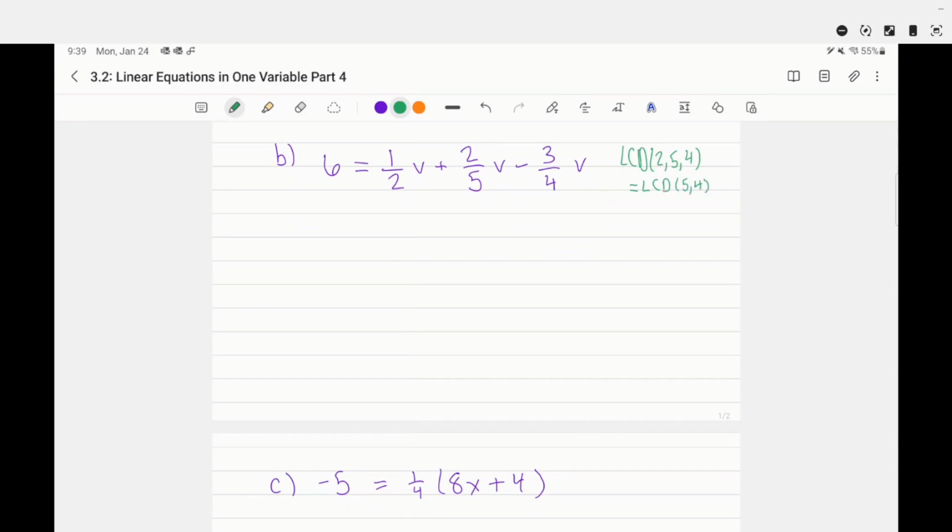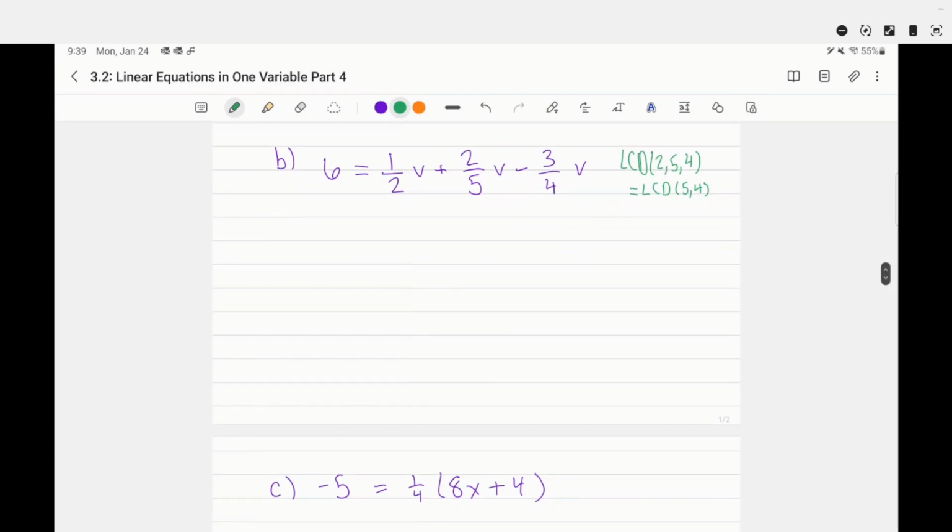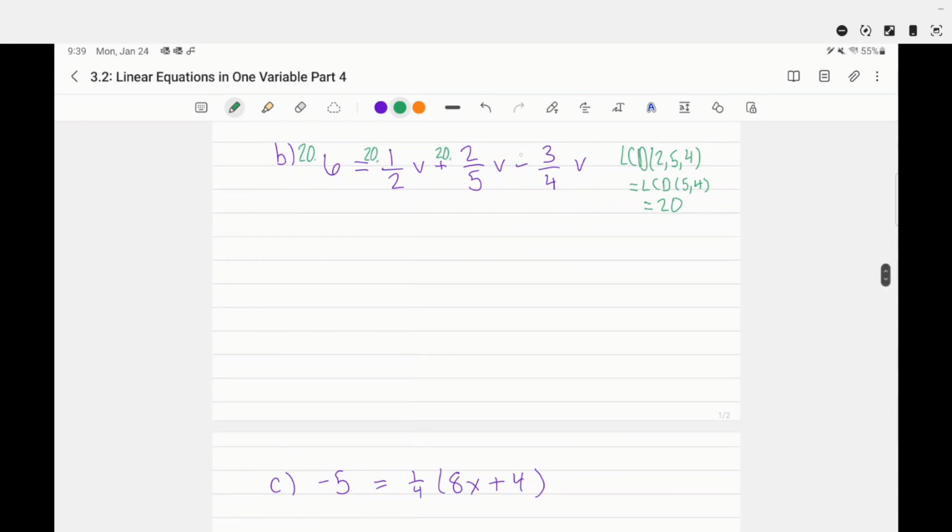So we can kind of ignore the 2 because it goes into 4. And the LCD of 5 and 4 is 20. So I'm going to multiply everything by 20. Again, not 20 over 20. That's the biggest mistake here.